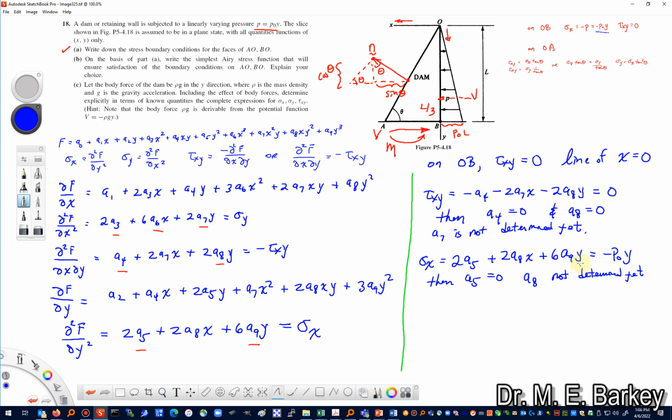But we can say that if we equate this side with this side, 6a9y is equal to minus p naught y. So a9 is going to be equal to minus p naught over 6.